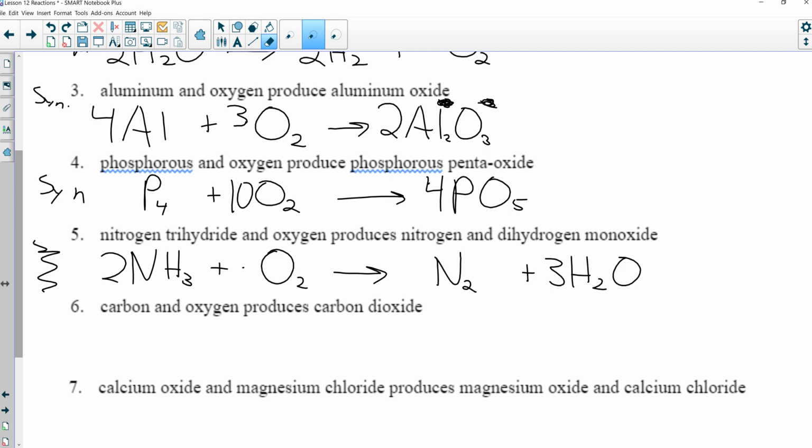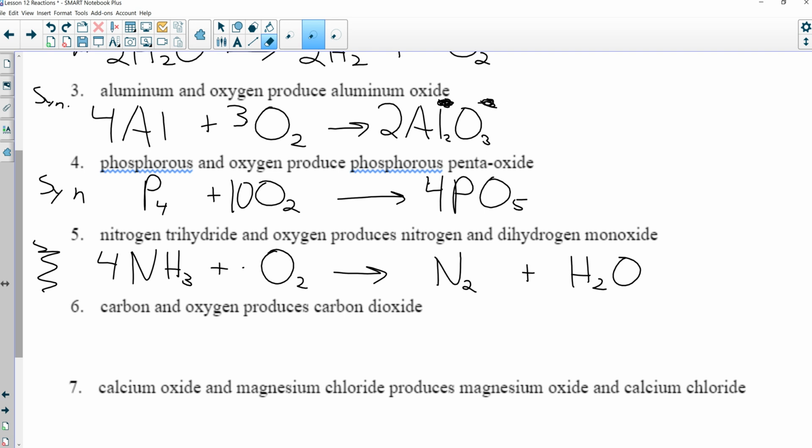In other words, we double how much of everything there was. If I double how much of everything there is, will that take care of my 0.5 problem? Yep. So anytime you run into that, and it's almost always with oxygen, including the combustion reactions, take your first number away and double it. That'll get rid of your 0.5 problem.